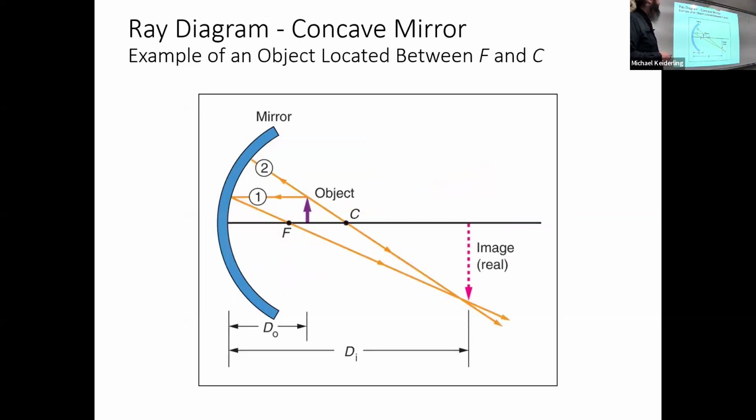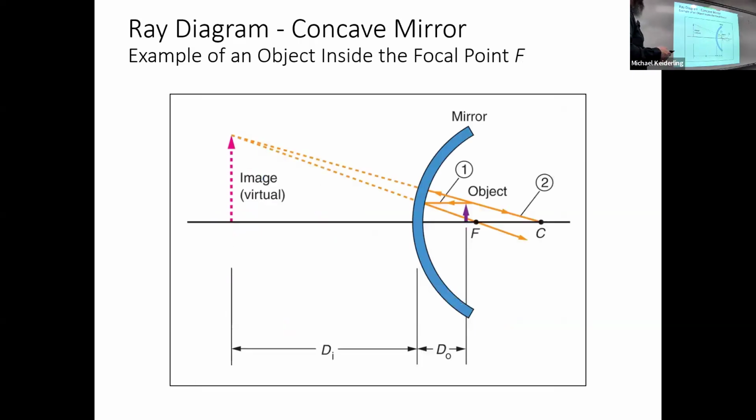If an object is between the focal length and the center of curvature with a converging mirror, it will form an inverted real image that is larger than the object. That's what's happening right here with the projectile. And lastly, if the object is closer to the mirror than the focal length, it will create a virtual upright image that is larger than the object.